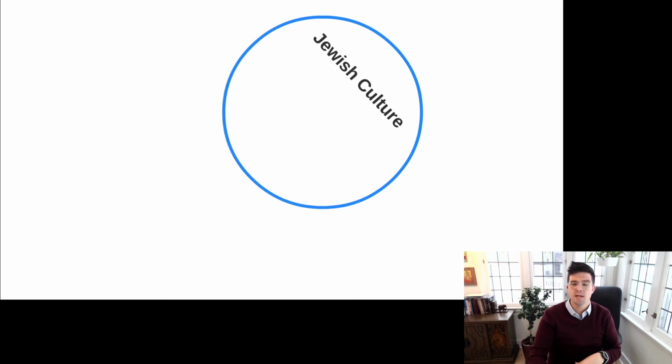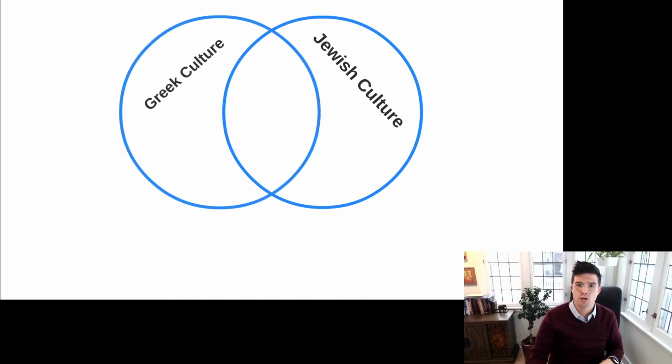So when we come to the New Testament, we have this whole history of Jewish and Israelite culture that intermingles with Greek culture. And what we'll see next week is that Jewish culture and Greek culture intermingled in different ways, and different Jewish people and different Jewish groups interacted with Greek culture in different ways. Some were more assimilating to Greek culture, and some were more resistant to Greek culture.